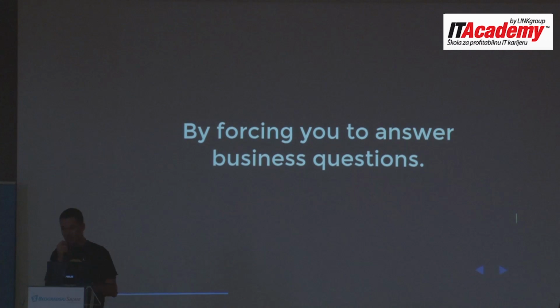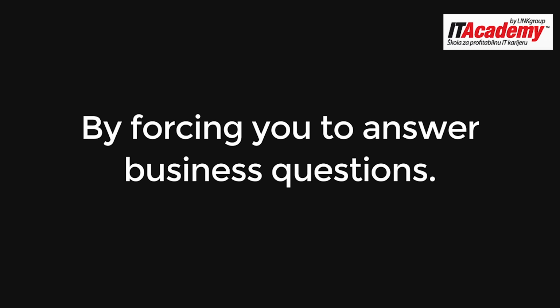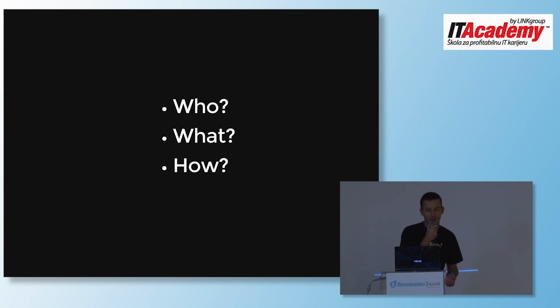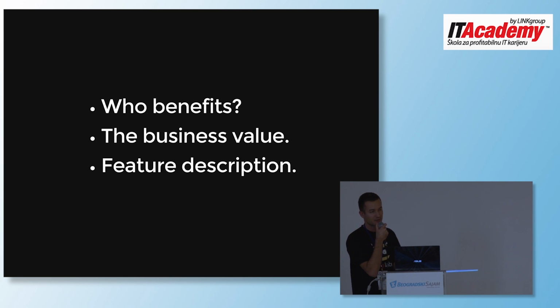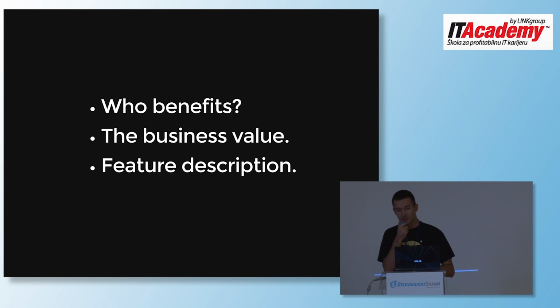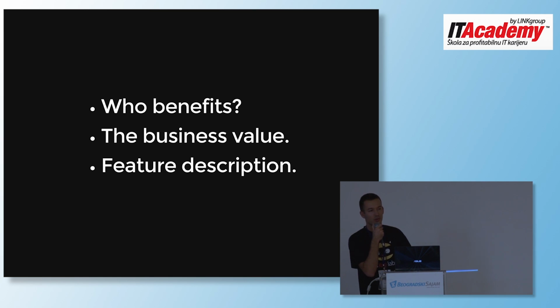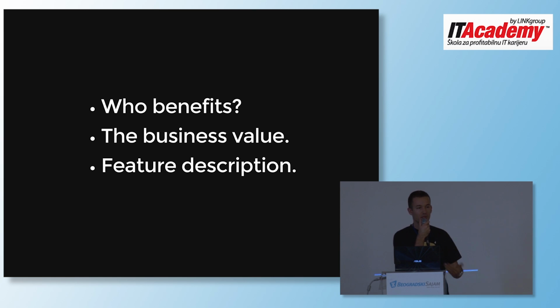So the idea is to ask yourself three simple questions. The first question is, who benefits from the feature you're about to implement? Okay, who is that person? Is it your client? Is it the website visitor? Is it the admin guy? Or I don't know. The second question is, what is the business value of the feature you're working on?